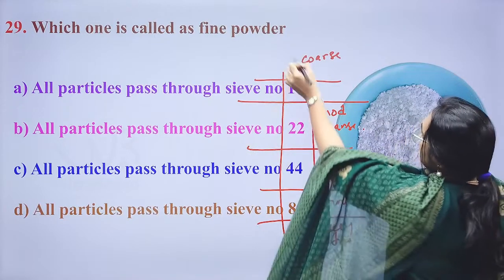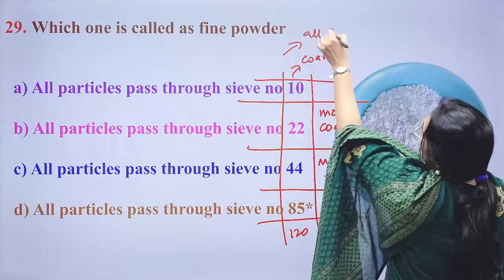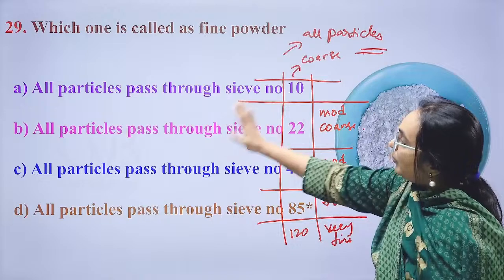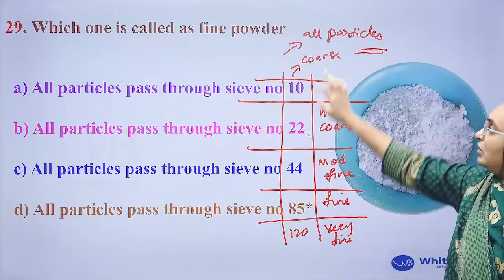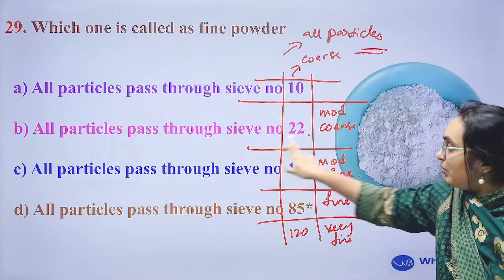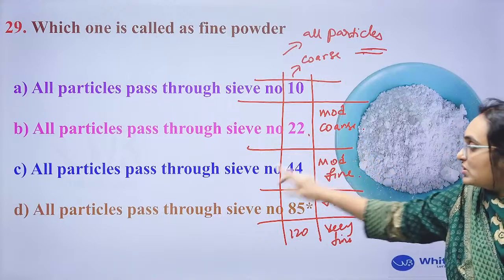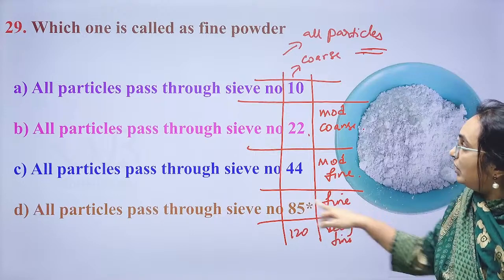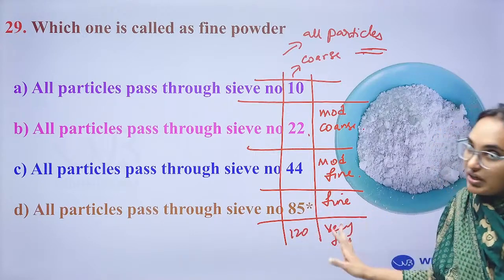These are the sieves through which all particles will pass. So, this table you have to remember. Sieve number 10 is for coarse, 22 is moderately coarse, 44 is moderately fine, 85 is fine and 120 is very fine.